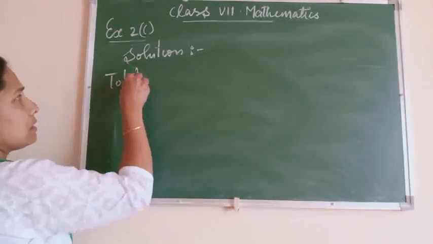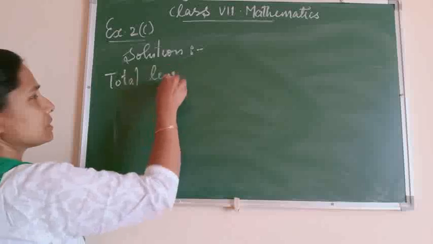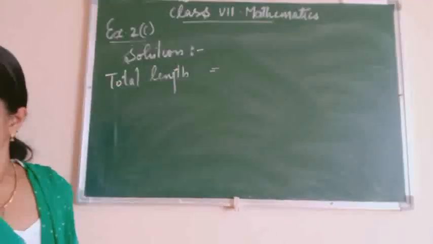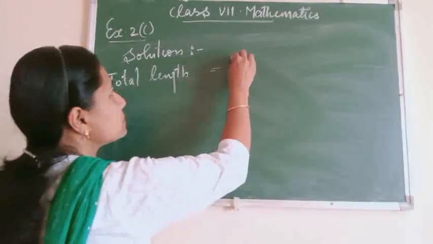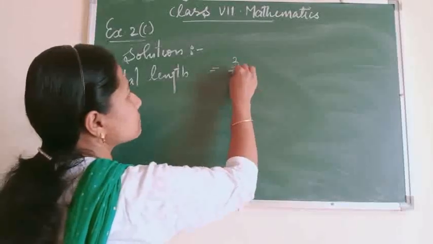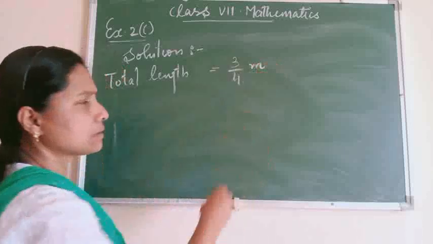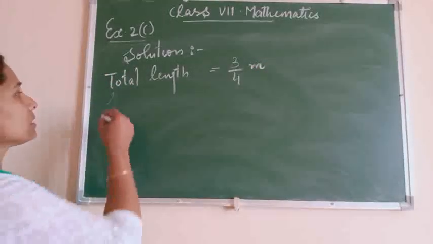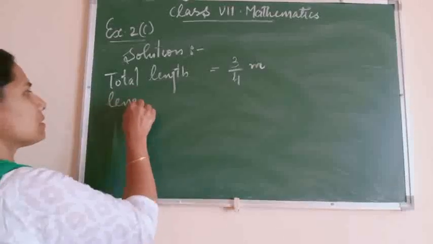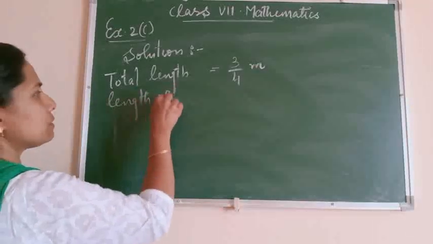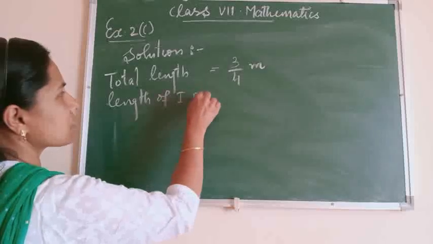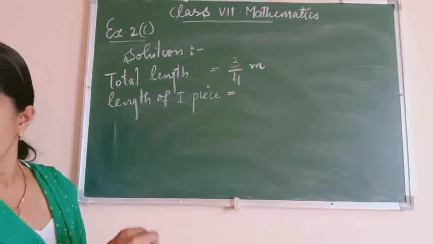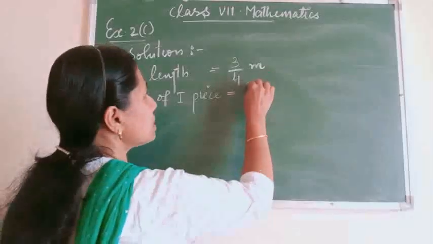Total length of the wire is given, 3/4 meter. Now length of the first piece is also given in the question. It is 3/20 meter.